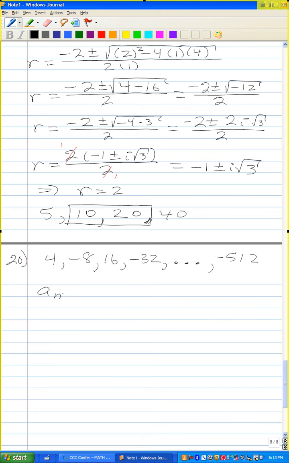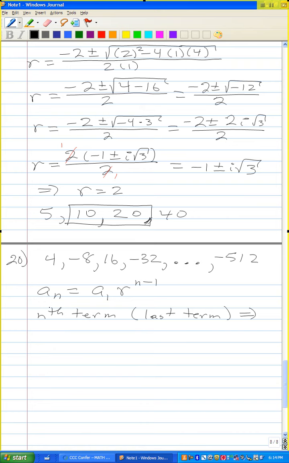I know that a sub n is equal to a1 r to the n minus 1. And so let's just look at the nth term, so the last term. So let's just plug in n into this and figure out what happens.